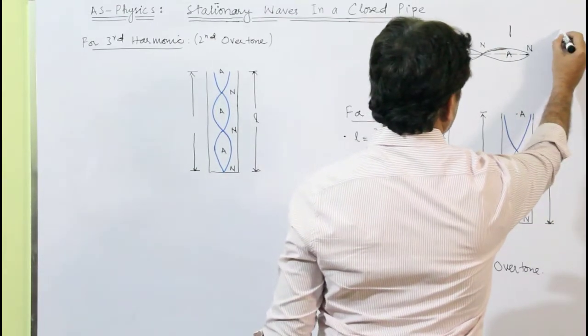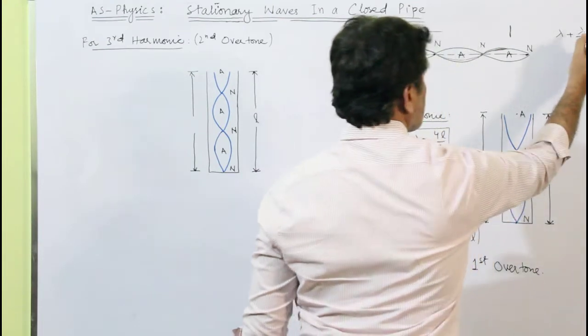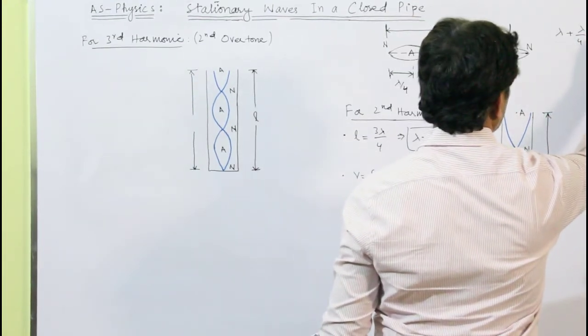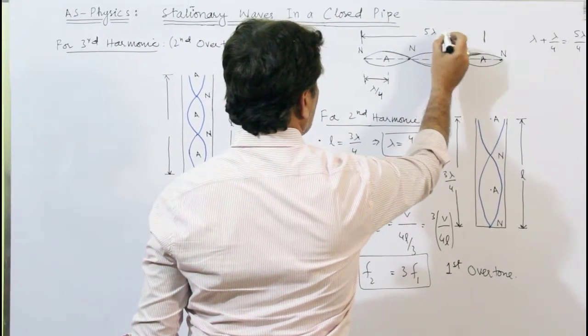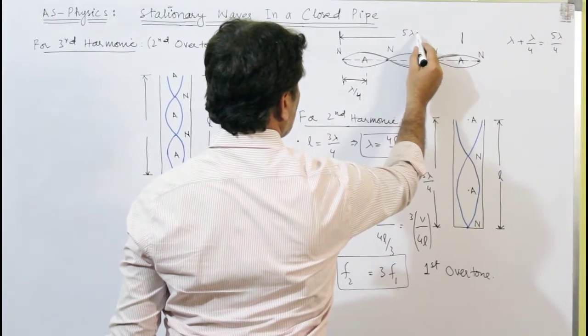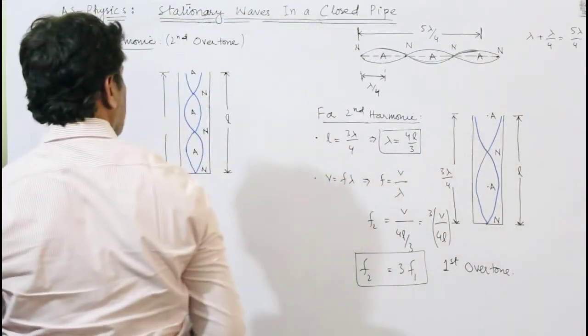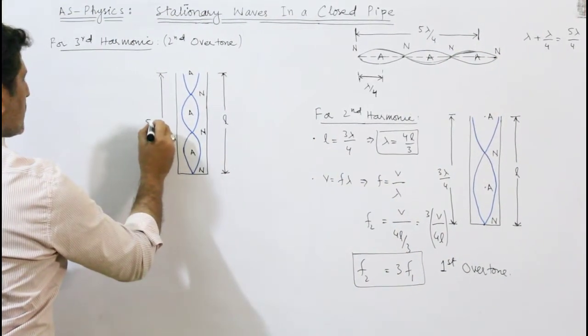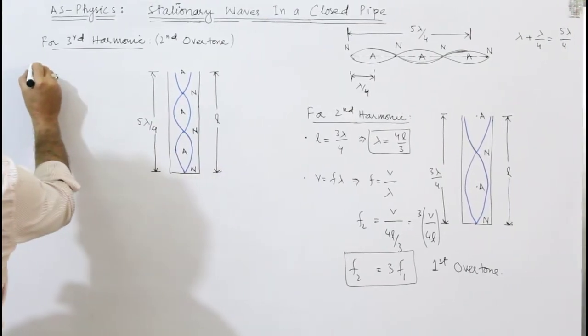So we can calculate here one wavelength plus the quarter wavelength, that is equal to 5 lambda over 4. So it means for 2 complete loops and 1 half loop, the wavelength becomes 5 lambda over 4. So this complete length of the tube is converted into 5 lambda over 4 wavelength.